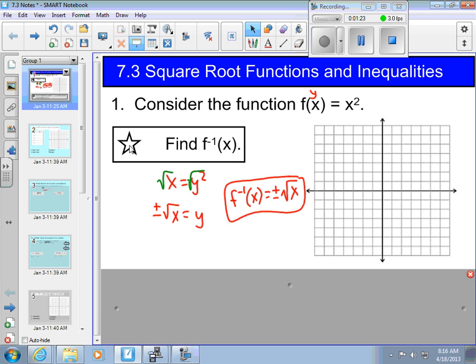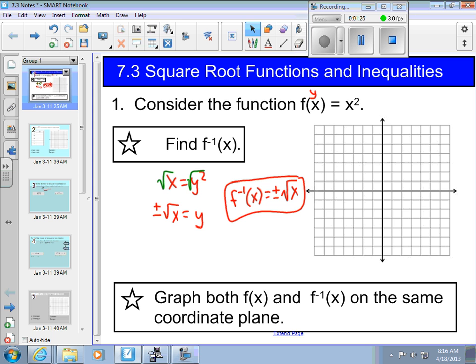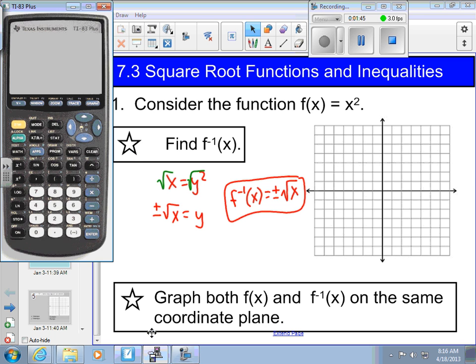What we're going to do next now is graph both the original function, f of x, and the inverse of f of x on the same coordinate plane. Let's start with just x squared. We've looked at that graph before. You could just plug in numbers to do this. We could use a calculator to help us out too. Let's graph that one out.